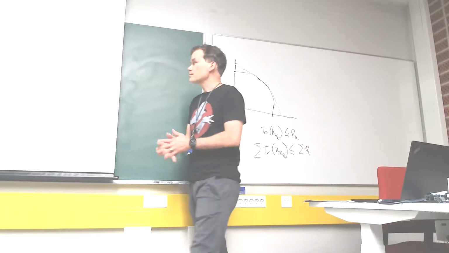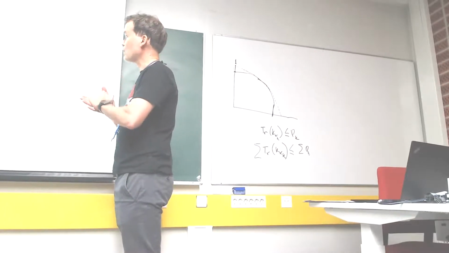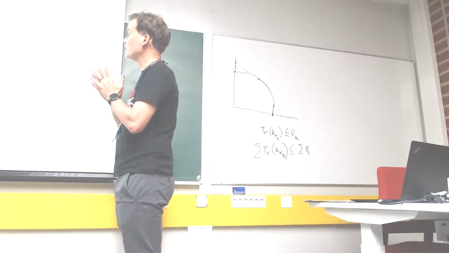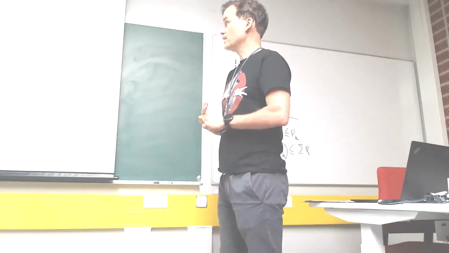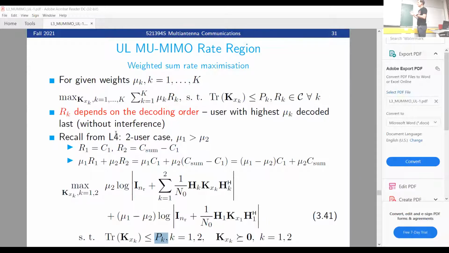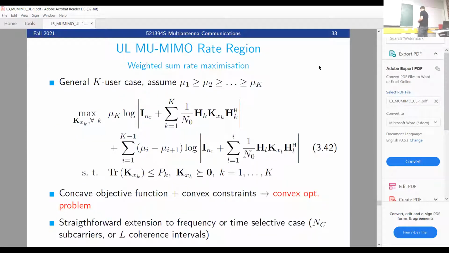So, of course, as before, we can generalize the two-user case to any K-user case for any decoding order you want, or priority order, which leads to a decoding order. Obviously, the rate region is more complicated to plot.